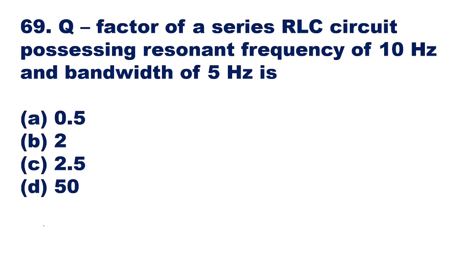Q factor of a series RLC circuit possessing resonant frequency 10 Hz and bandwidth of 5 Hz is given as how much? Here the resonant frequency F0 is equal to 10 Hz and bandwidth is equal to 5 Hz.